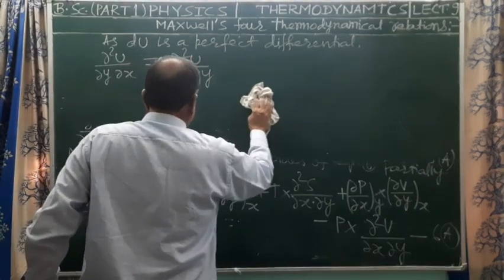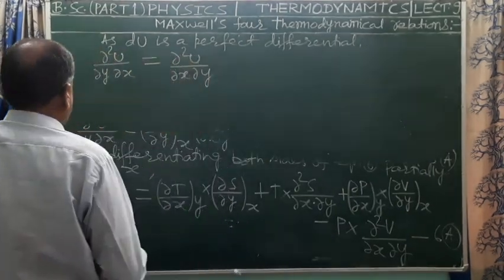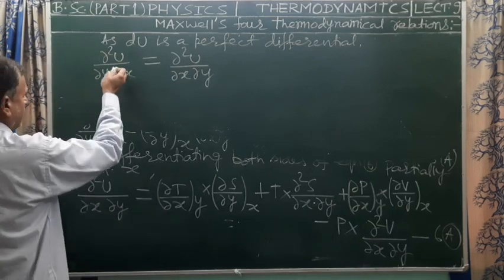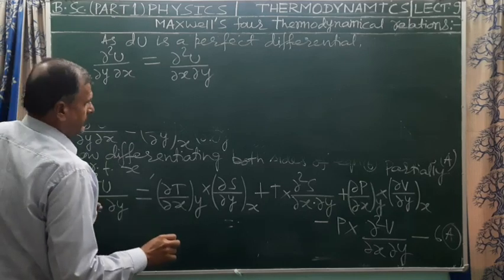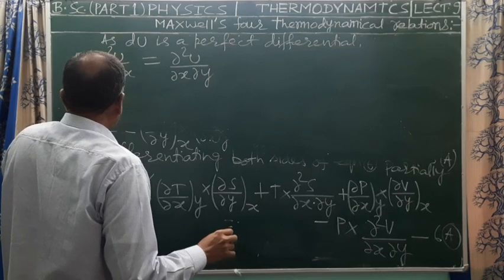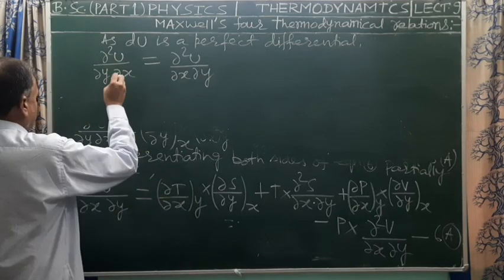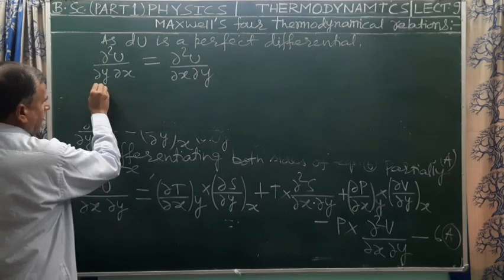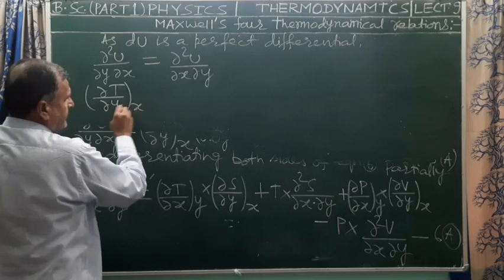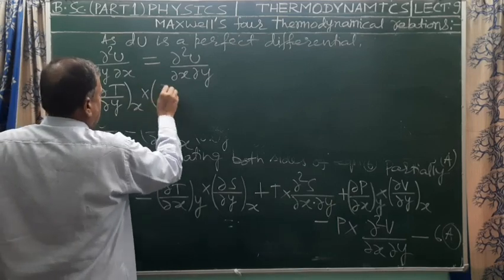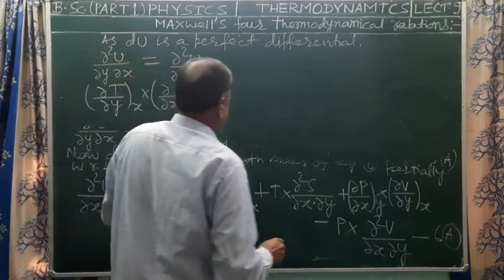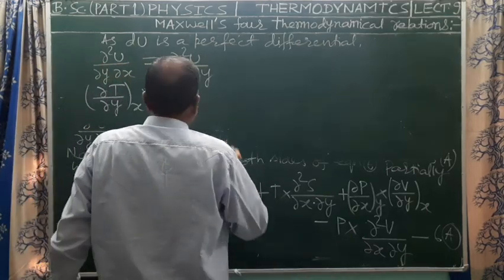So we can write, in the LHS, the value of ∂²U/∂y∂x is (∂T/∂y) at constant x multiplied by (∂S/∂x) at constant y, and next term of equation 5a.